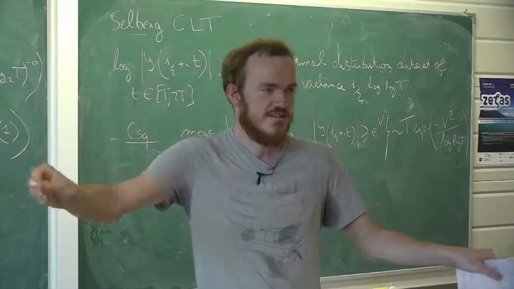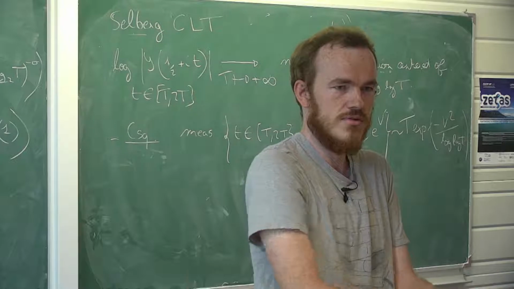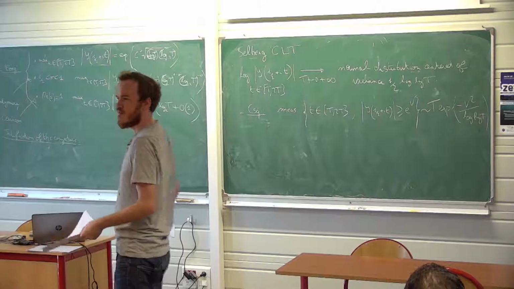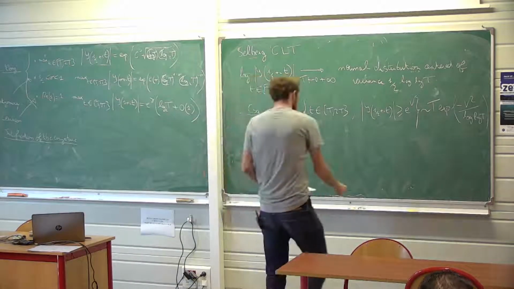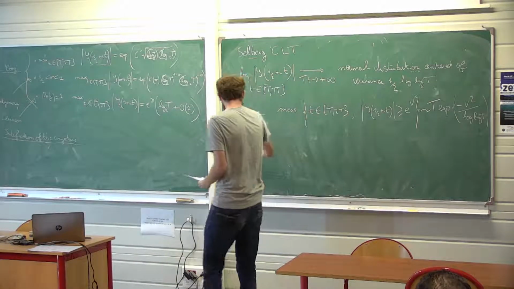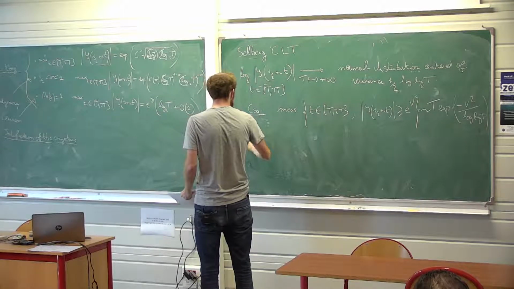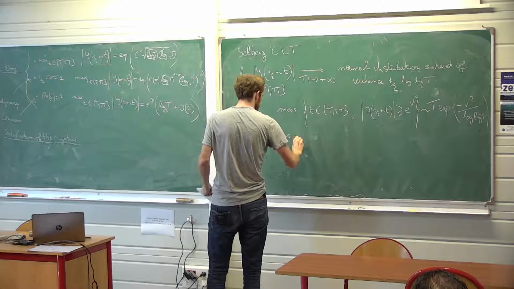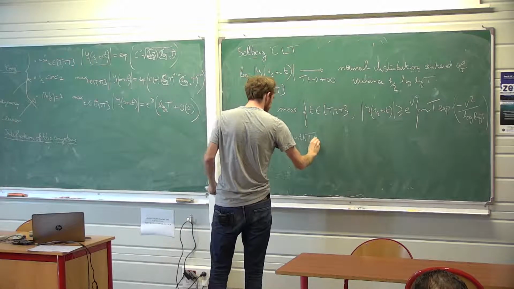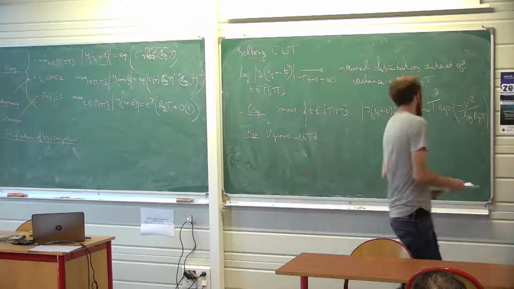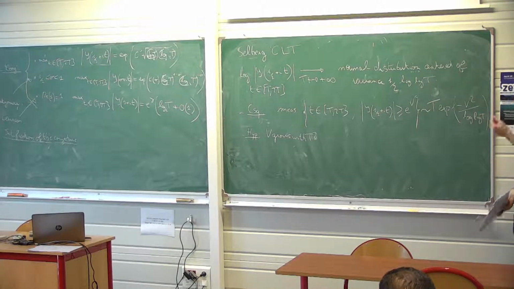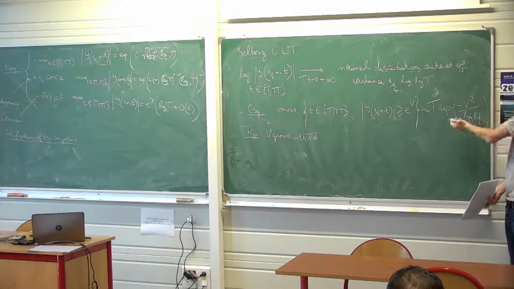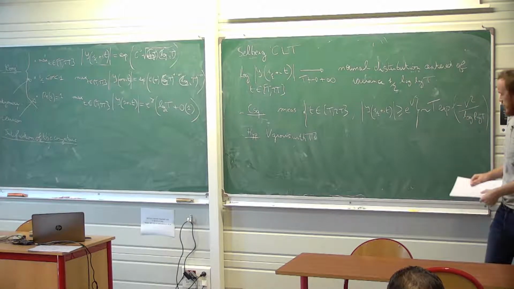But we can ask, can we make v grow with t, to get more precise information? What gives you meaningful information? Of course, if v is too big, this doesn't give you any information.